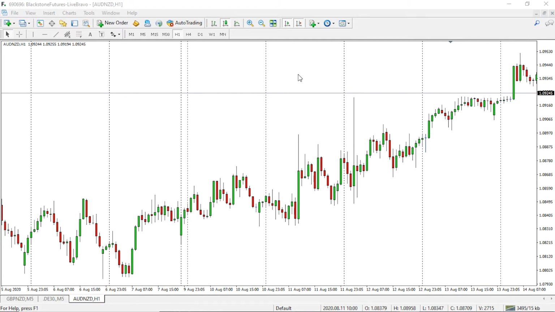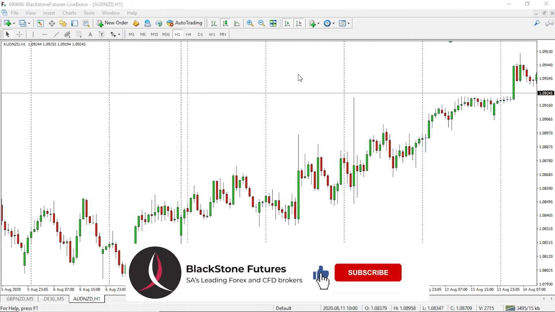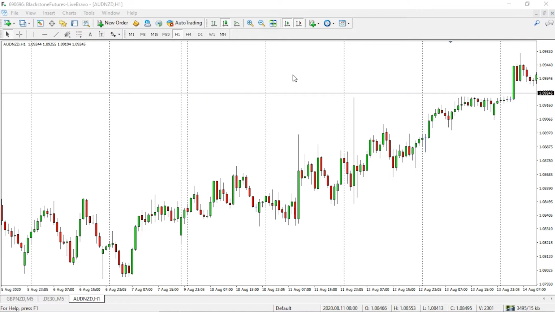Now, the first 3 strategies that we've covered, just to recap, are using pure moving averages, in which we're only looking at price and moving averages to try and identify some trading opportunities or some trading execution strategies.